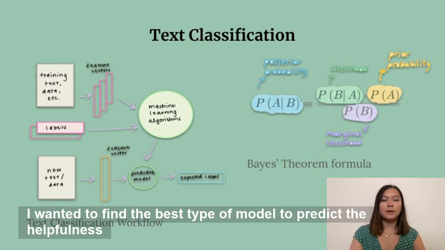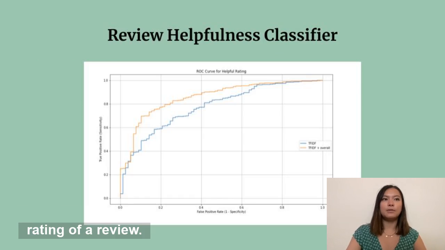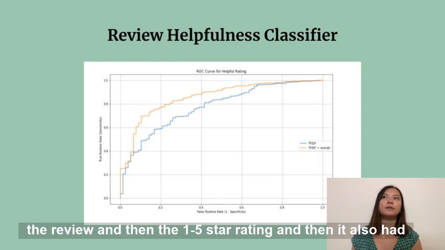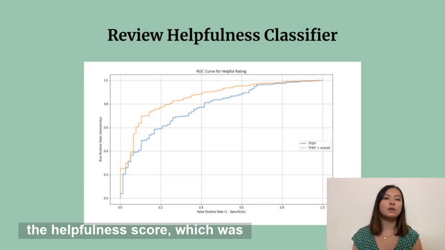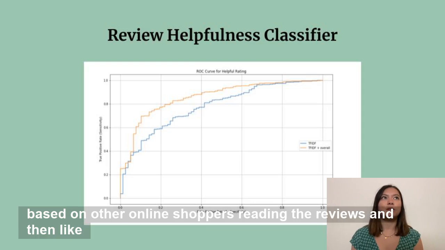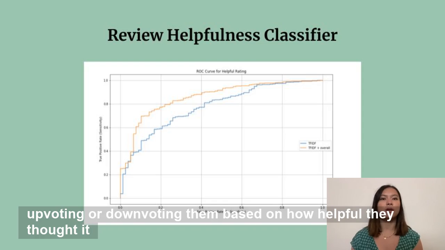Lastly, I wanted to find the best type of model to predict the helpfulness rating of a review. So the pre-existing Amazon product review data had the text of the review and then the 1 to 5 star rating, and then it also had the helpfulness score, which was based on other online shoppers reading the reviews and then upvoting or downvoting them based on how helpful they thought it was.